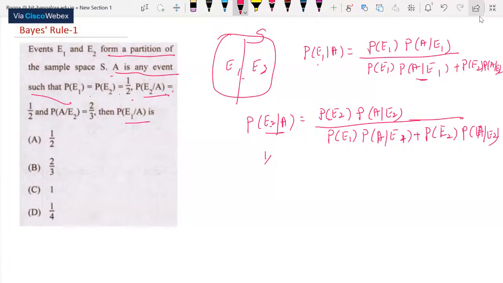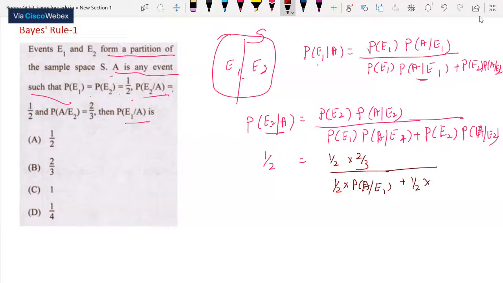Probability of E2 and E1, they gave 1 by 2. A slash E2, they gave 2 by 3. Okay, fine. E1 is 1 by 2, but they're not given probability of A slash E1. The value of this is 1 by 2, A slash E2 is 2 by 3.